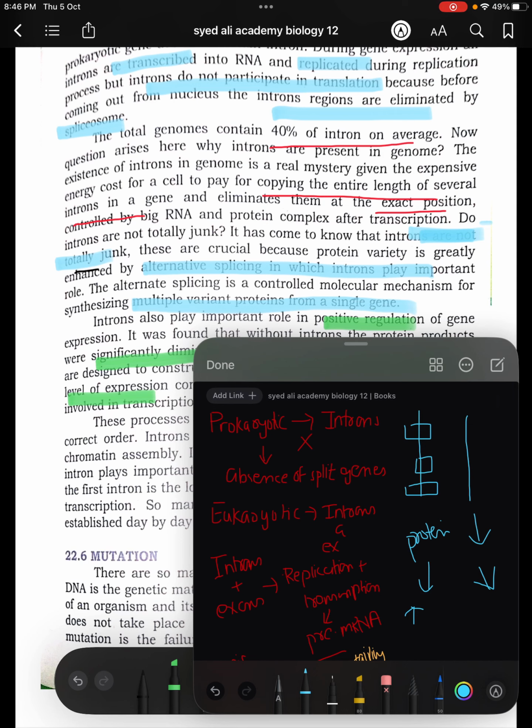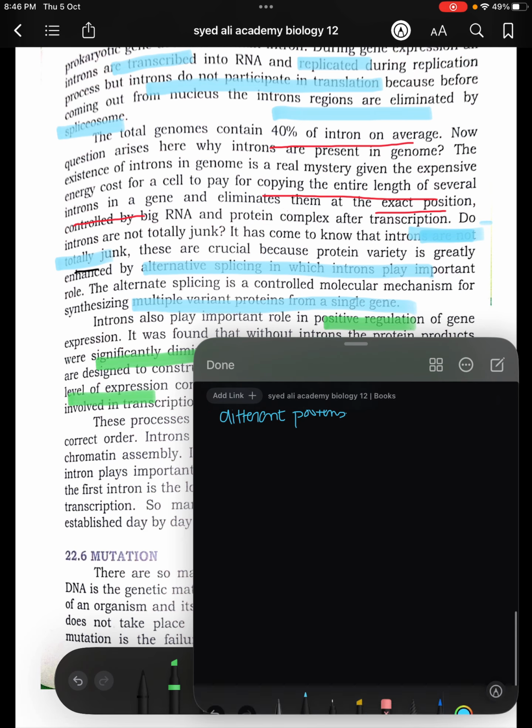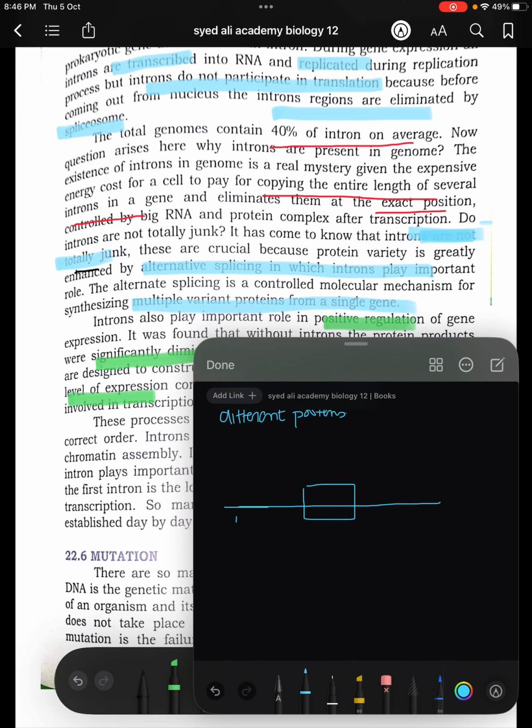You can also say that in introns, especially the first intron, the first intron is always a long intron.